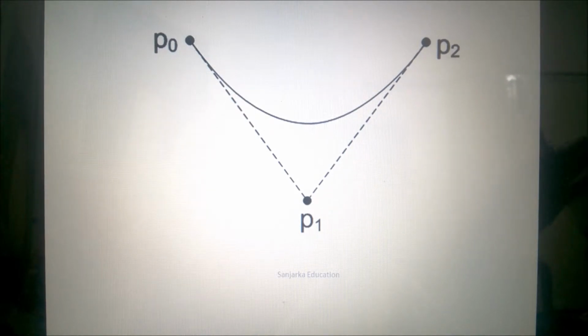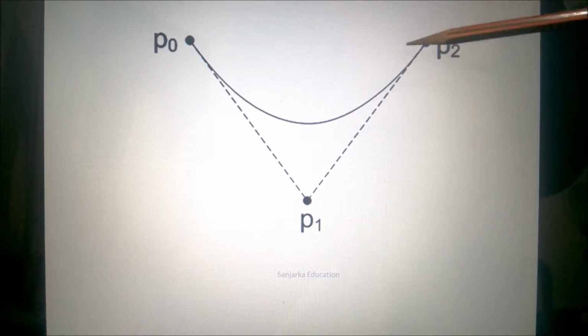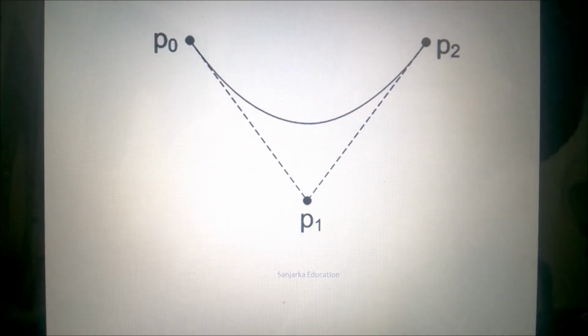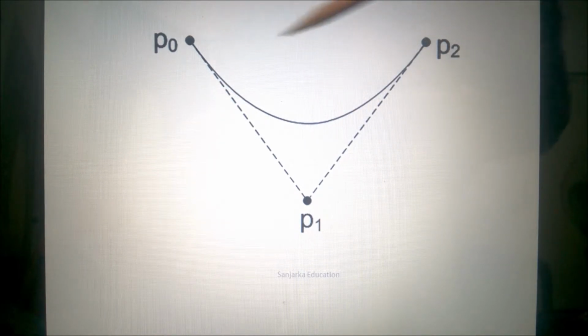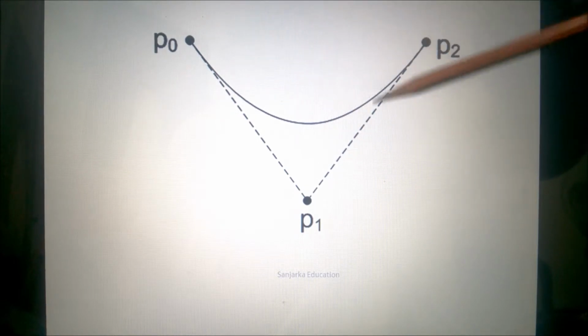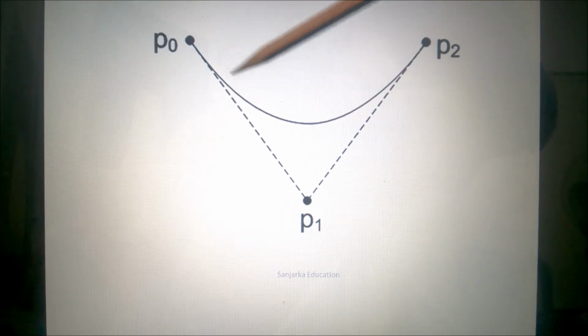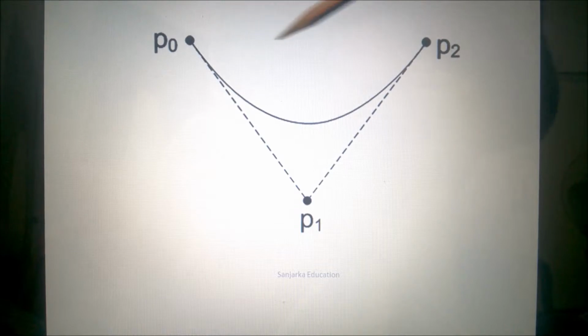That is the second property. Third property is that this curve lies within the boundary: if you join all the control points, you will get a polygon, and this curve will be bounded by this polygon.